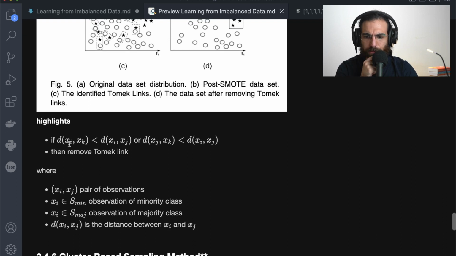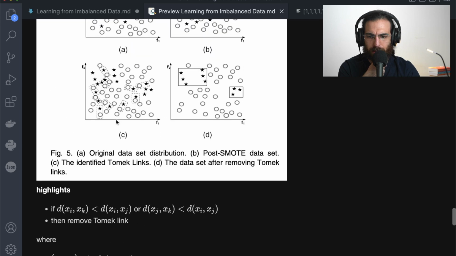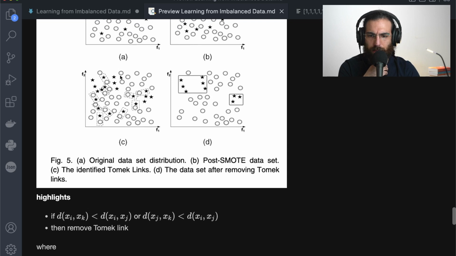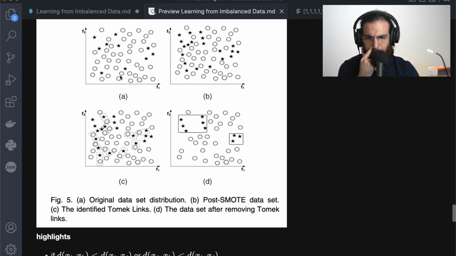Here d represents the distance function, the distance between the minority class and the neighbor, and the majority class and the neighbor. If the distance is not equal, then we form Tomek links.